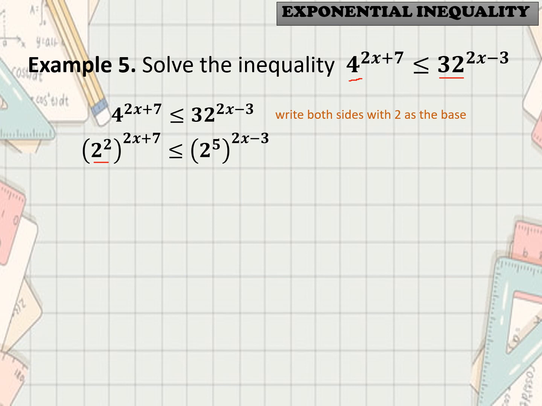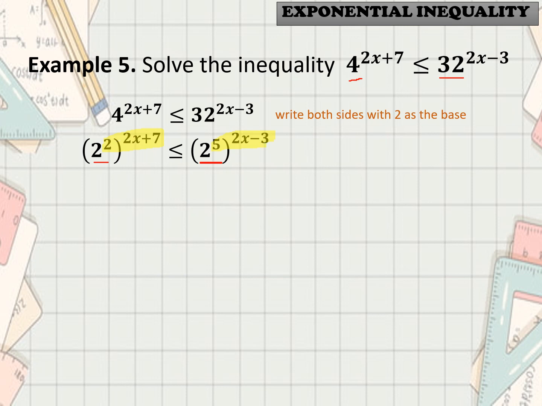Then, si 32 naman, pwede natin siyang isulat as 2 raised to 5, kasi equal lang siya kay 32. So, kapag same base na sila, ang kukunin mo na lang is yung mga exponent. So, dito, 2 times 2x plus 7. Then, dito naman is 5 times 2x minus 3.